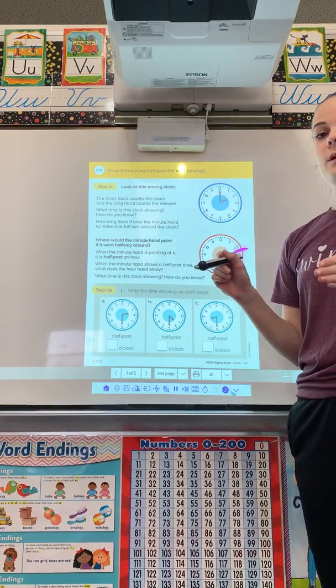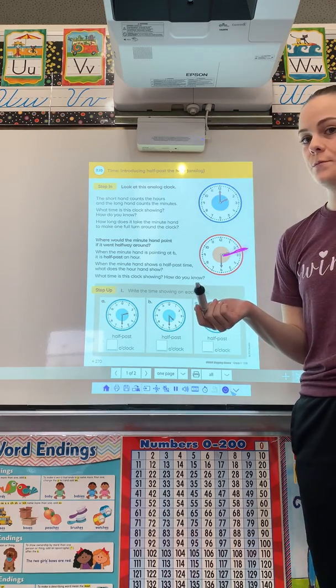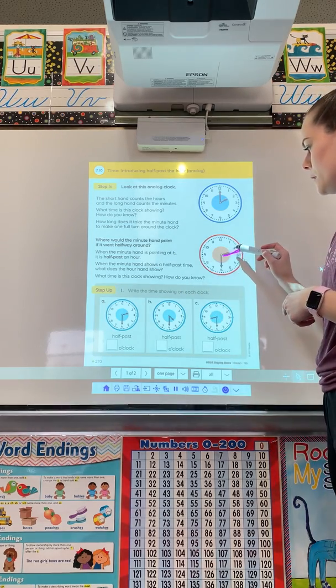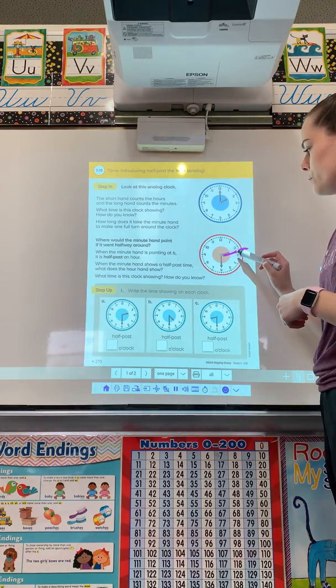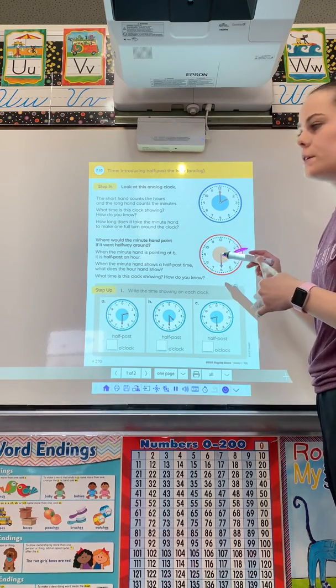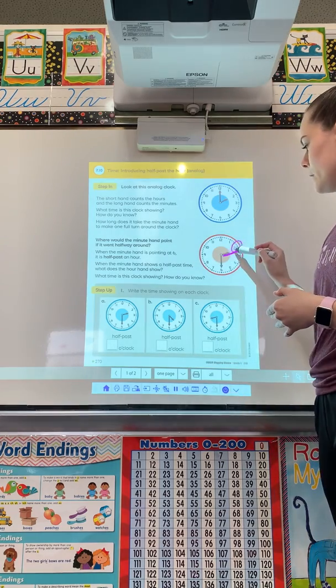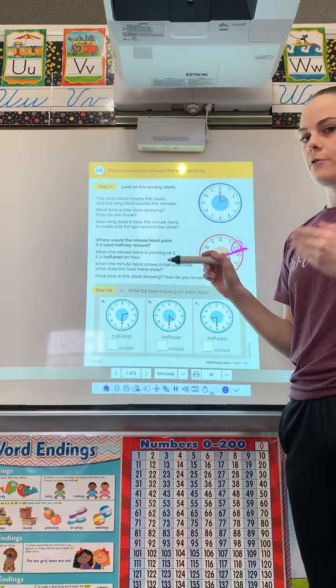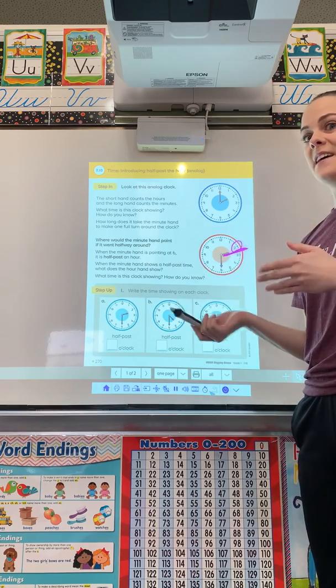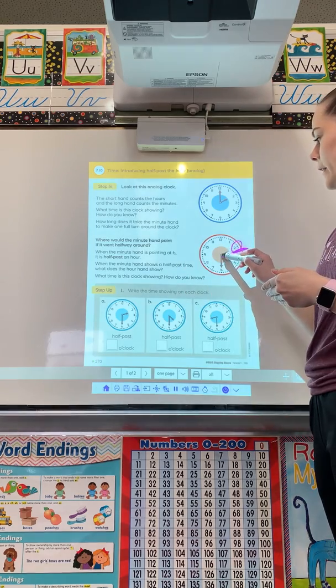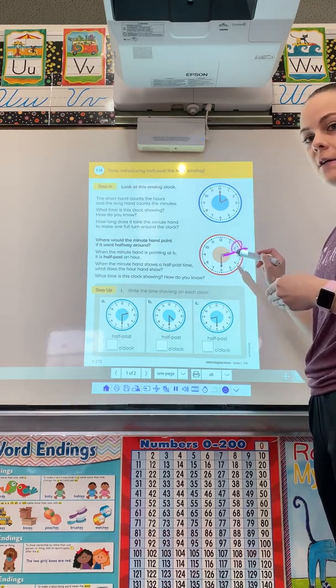So we see which hour we're in first, just like we read in the story. It's not to the 3 yet, which means that we're in the 2 o'clock hour still. Since we're in the 2 o'clock hour and we're not to the 3, we don't say 3. We don't just guess. We say, okay, we haven't reached the 3 yet, so we have to still be at 2.